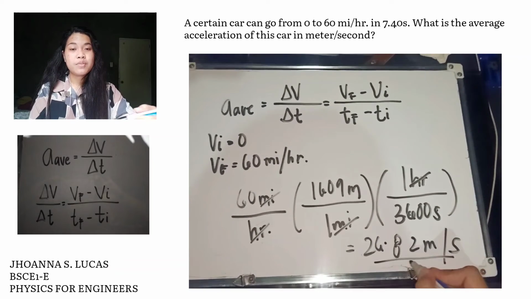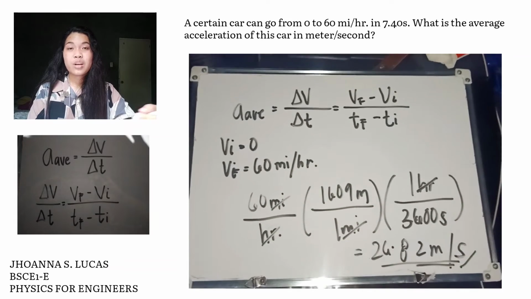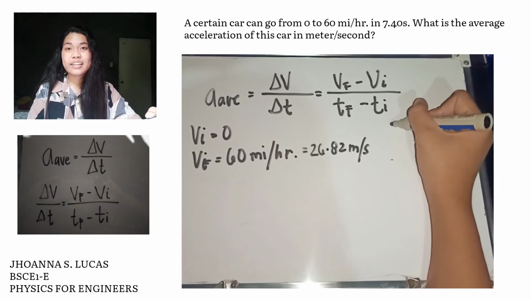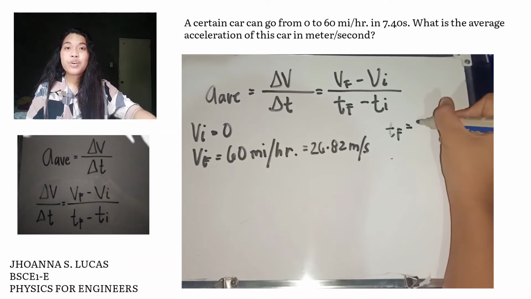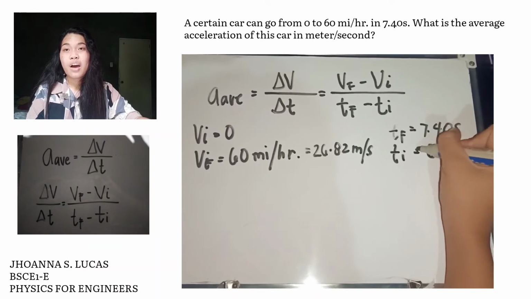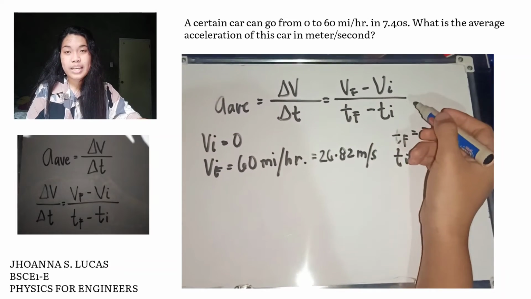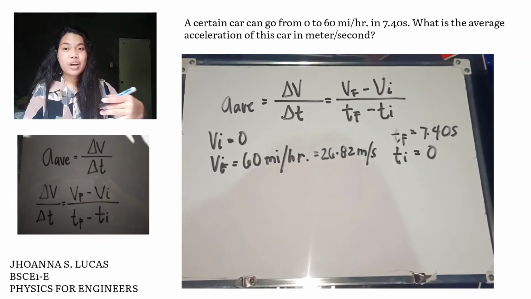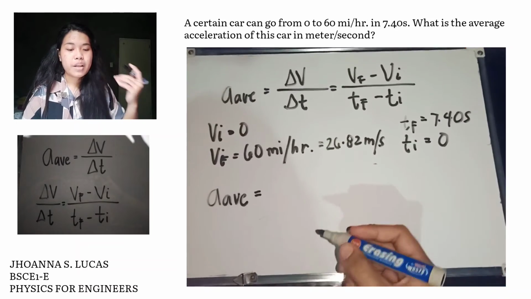Now that we have the final velocity, we can proceed to our delta t. For our delta t, we have 7.40 seconds for our final time and 0 for initial time. Since we have 0 for our initial velocity, we can now substitute it for us to continue calculating our problem.